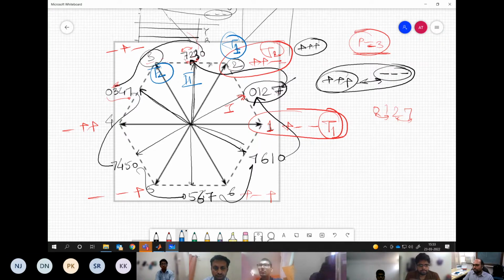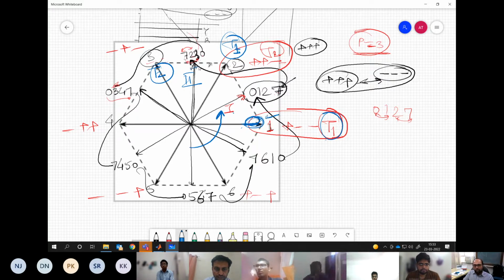You understand this? Yes, sir. We are going in this sequence. In this sequence, whichever vector in the sector we encounter first, that is our starting vector. And the computation of T1 is valid for that vector. So if we are in sector 1, the T1 is valid for 1.